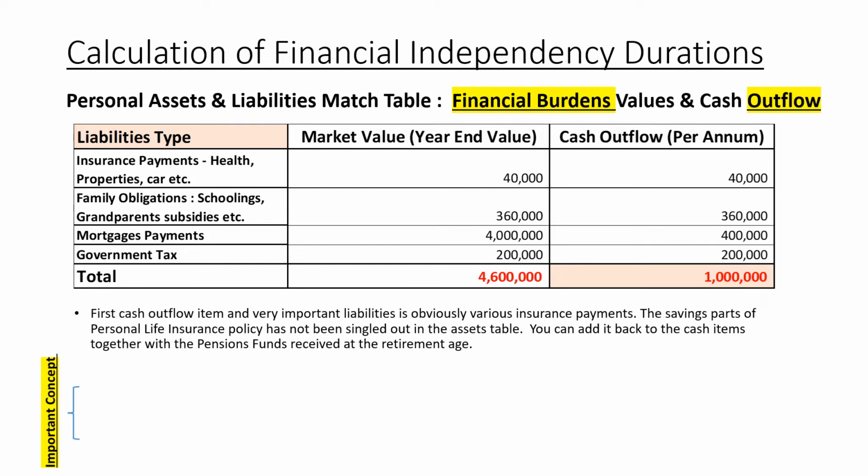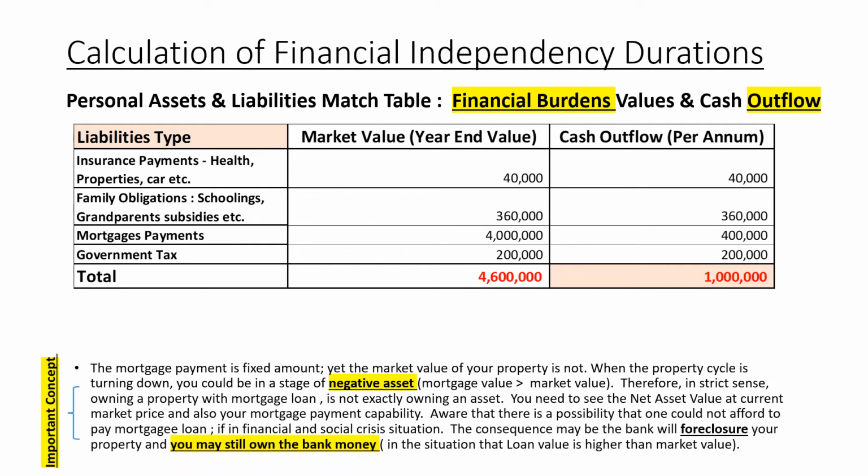So as a result, you can get the aggregate of the market value of the financial burdens in each year, and also the total cash outflow because of the financial burdens or liabilities.